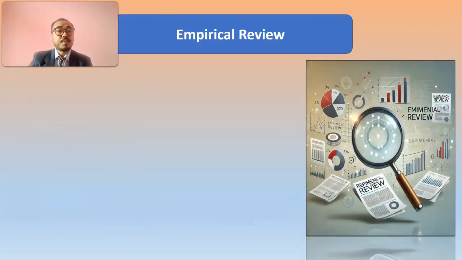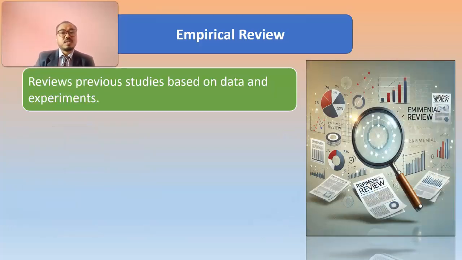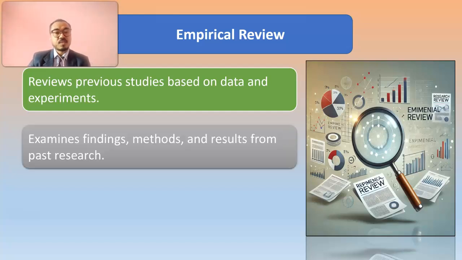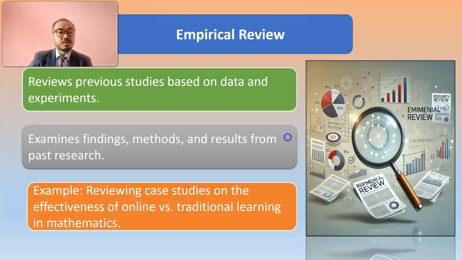Okay, next one is empirical review. So this review is based on data and experiments. It requires concrete evidence. Otherwise, the research work will be invalid. So it examines findings, methods, and research from past research. For example, reviewing case studies on the effectiveness of online versus traditional learning in mathematics.